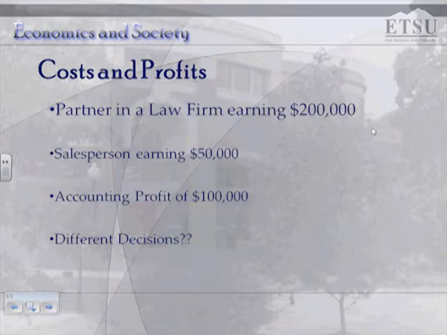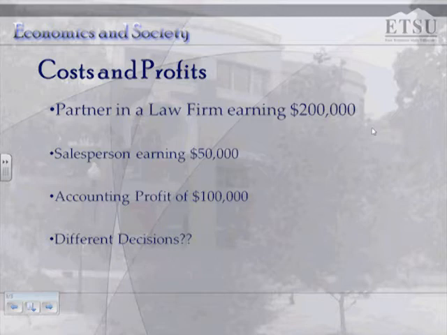his economic profit was negative $100,000. So the same accounting profit of $100,000, the former partner in the law firm ended up with a negative economic profit because he had a much higher opportunity cost or implicit cost of the restaurant endeavor.